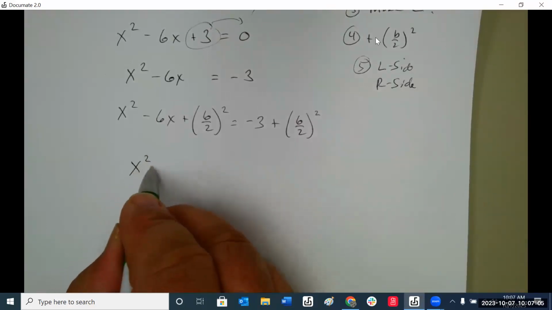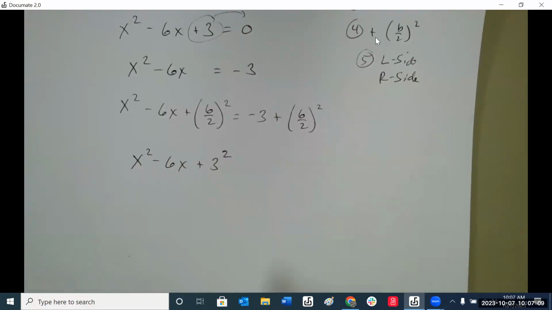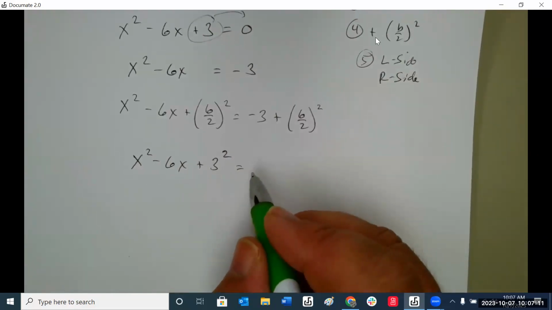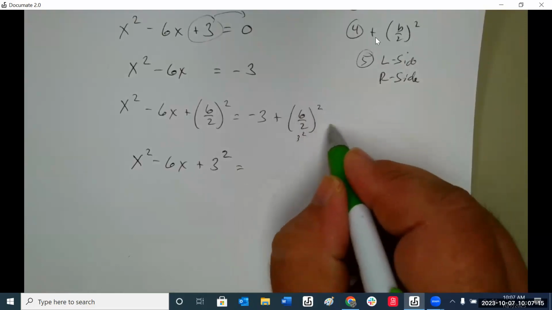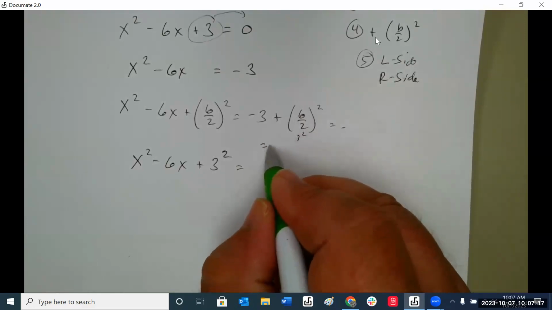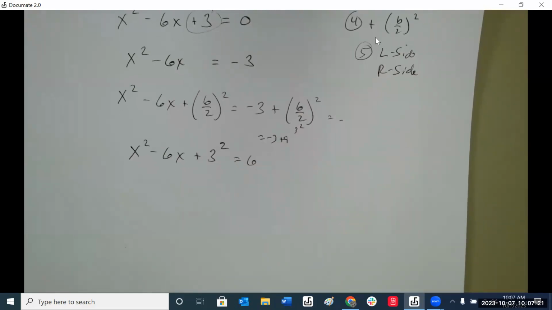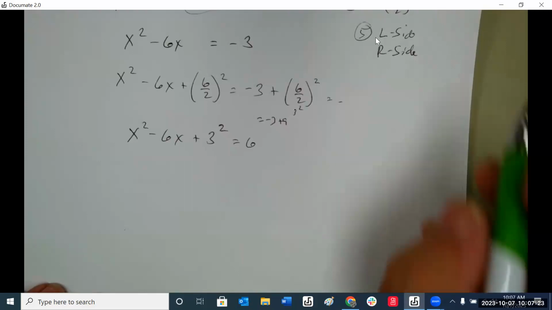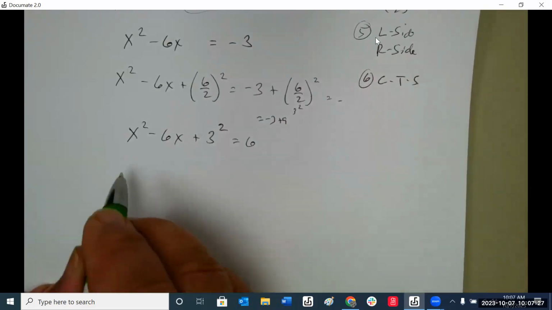So here we have x squared minus 6x plus 3 squared. So this is 3 squared, makes it 9. So it's -3 plus 9, which makes it 6. Complete the square.